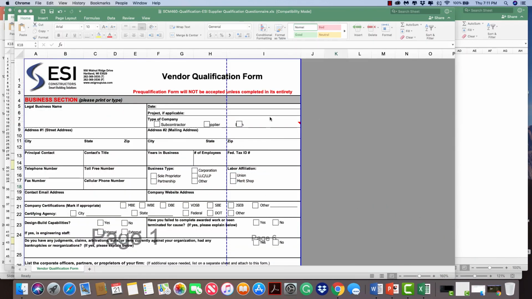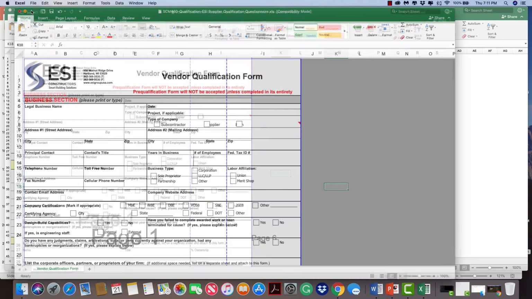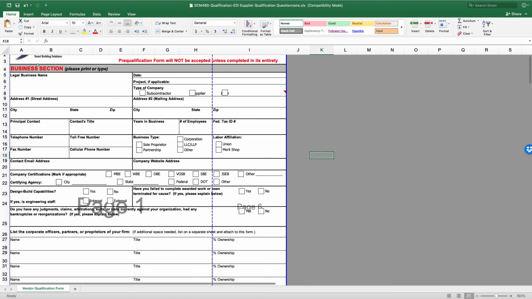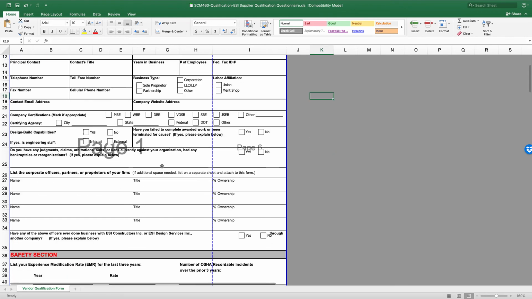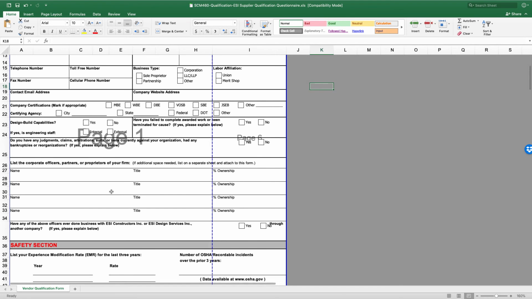This is the vendor qualification form that EasyEye asks its suppliers to submit. Again, there is a business section, where there is also some private information like with ABB, like listing the corporate office, partner or proprietor firm, and the percentage of ownership.